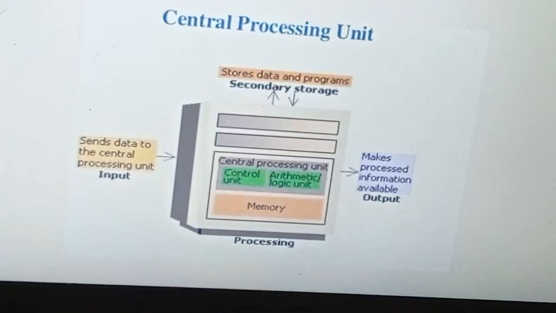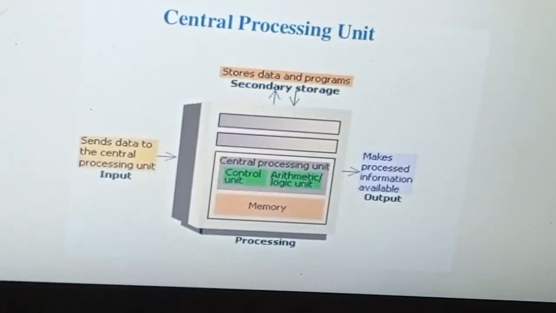Coming to input devices, they are only for input of data to a computer.